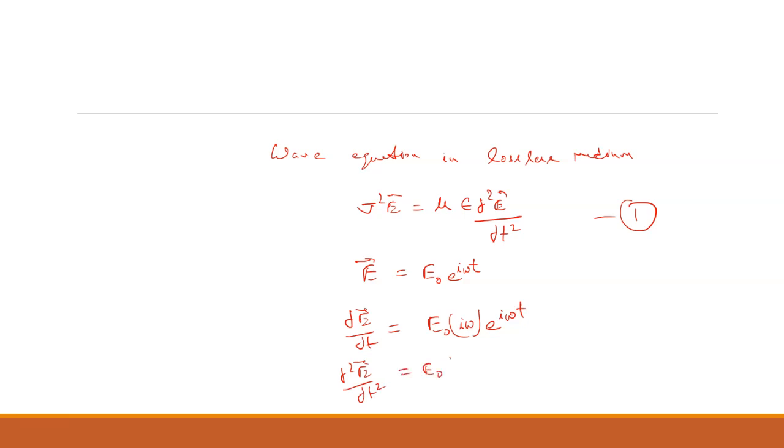This equals minus omega square E naught e raised to power iota omega t.